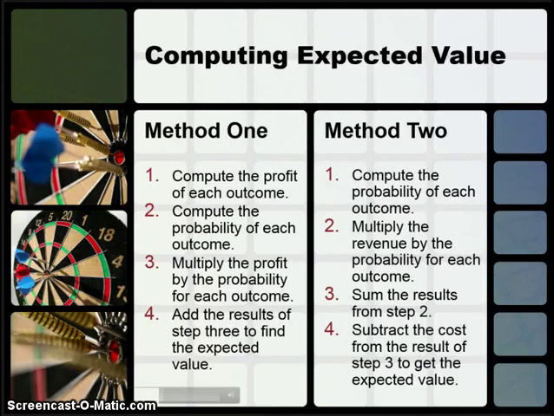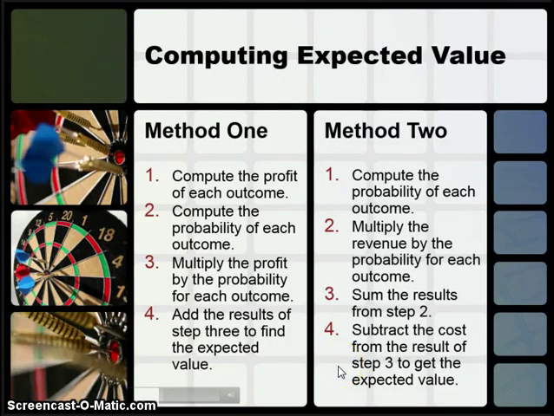So let's do a quick recap of our 2 methods for computing expected value. In method 1, we compute the profit of each outcome. Then we compute the probability of each outcome. Then we multiply the profit by the probability for each outcome and add all the results of step 3 together to find the expected value, or the expected profit.